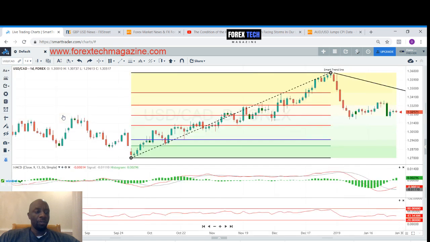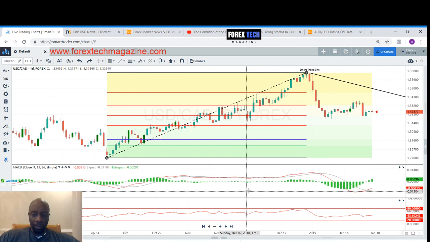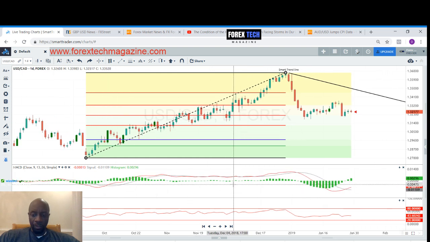Now let's look at our other pairs. Here goes the US dollar, Canadian dollar. Pretty interesting, even though this right here has crossed over to the buy zone, right? It's still a weak buy for this particular pair, which is kind of crazy.